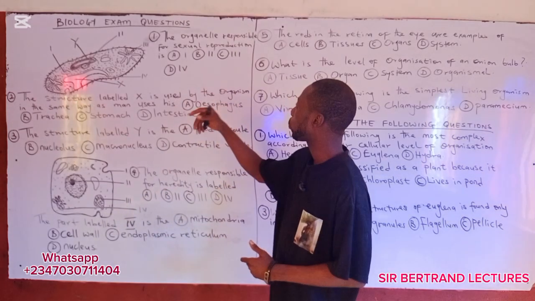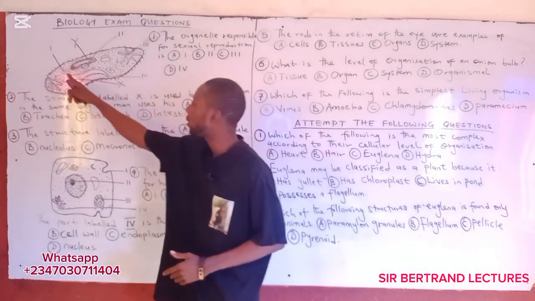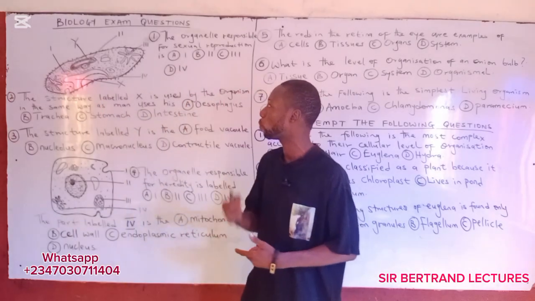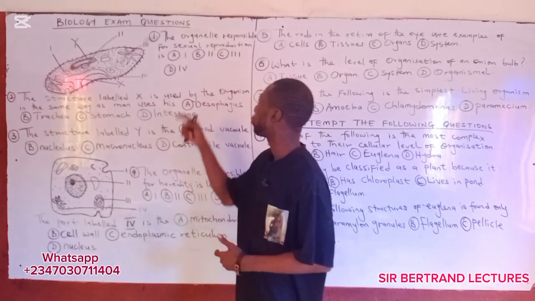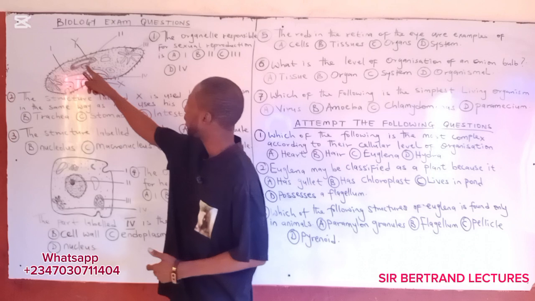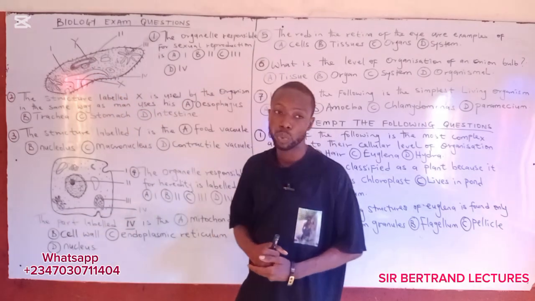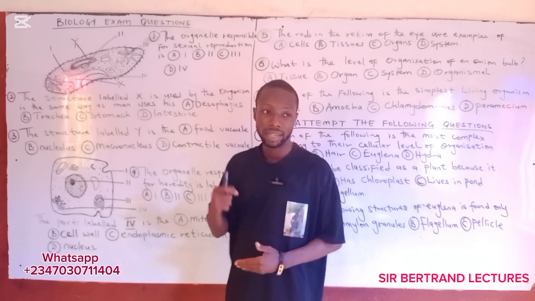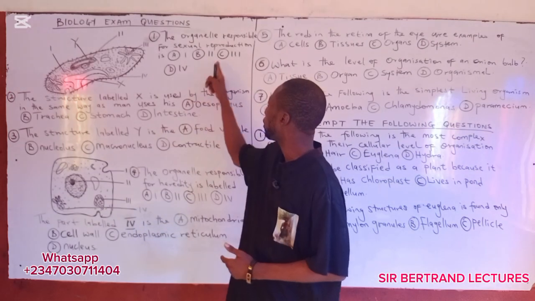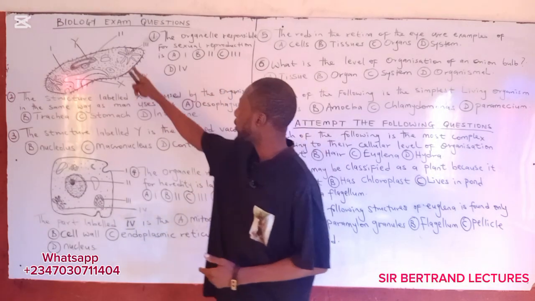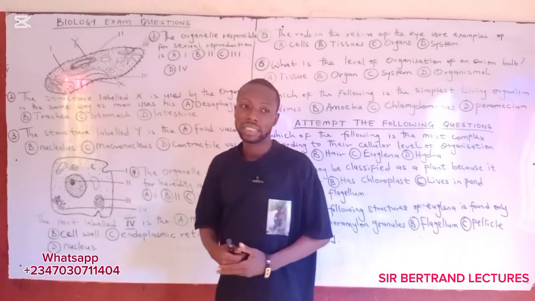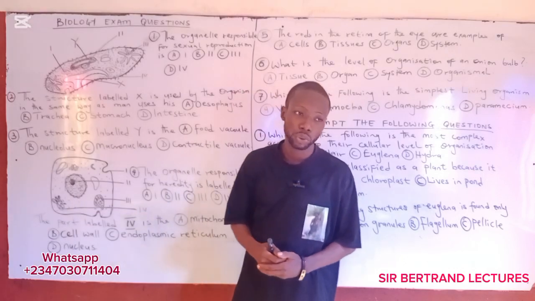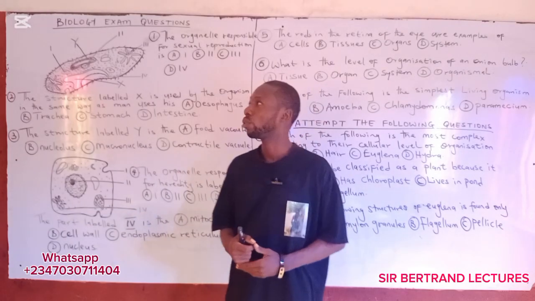So from what we have in the question here, label I is the food vacuole that stores food in the Paramecium. Label II is the micronucleus, which is responsible for sexual reproduction in Paramecium. Label III is the contractile vacuole, which is used for osmoregulation.